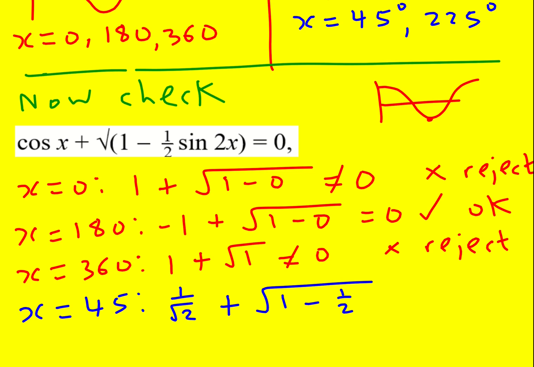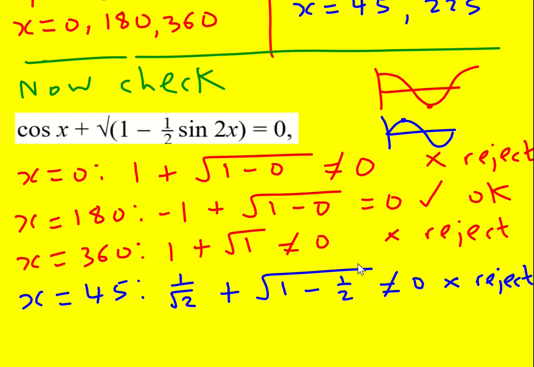Well, sine 90 is actually just 1. Here is sine 90. So this is not going to equal 0. This would be 1 over root 2 plus 1 over root 2, in fact. So reject. Well, 4 solutions, only 1 actually was a real solution. Okay, what about the fifth one?